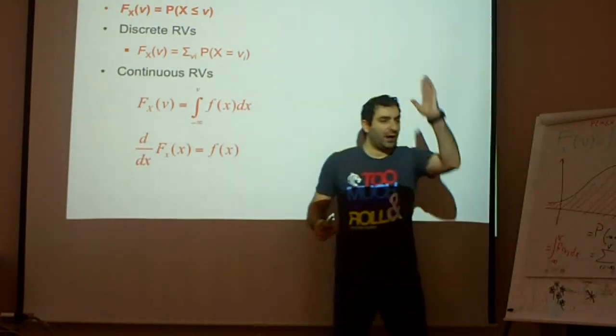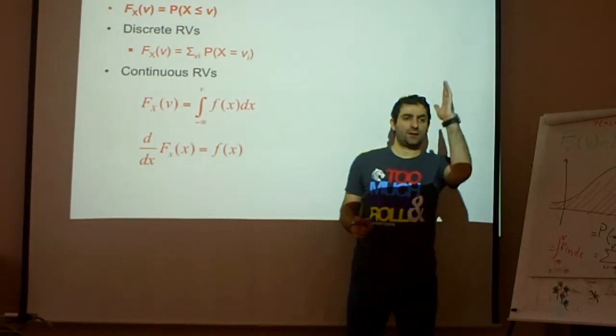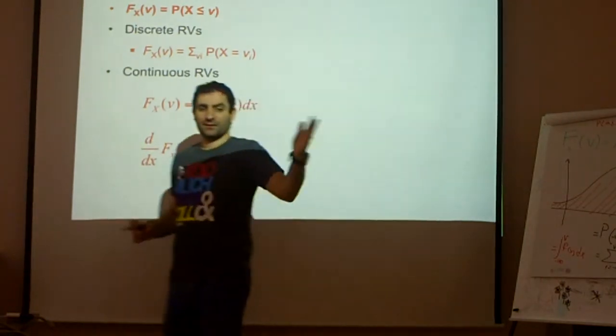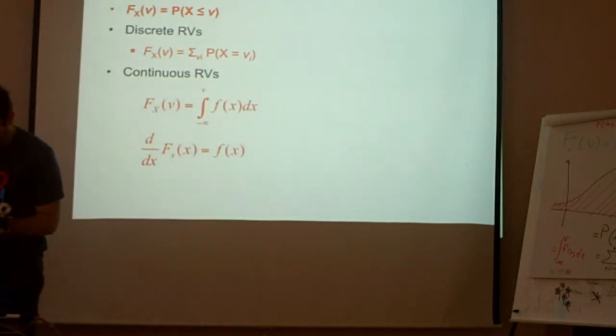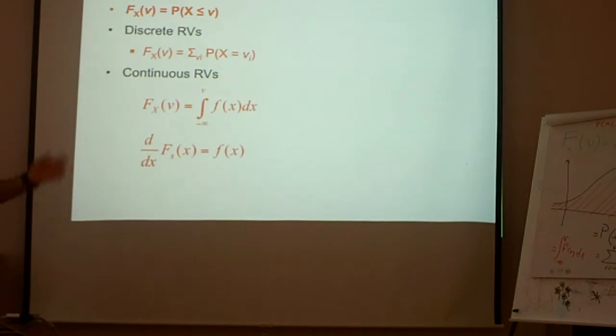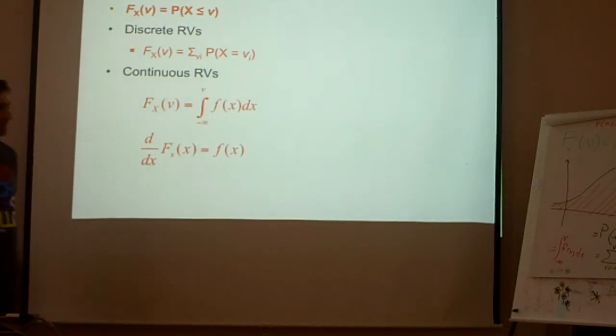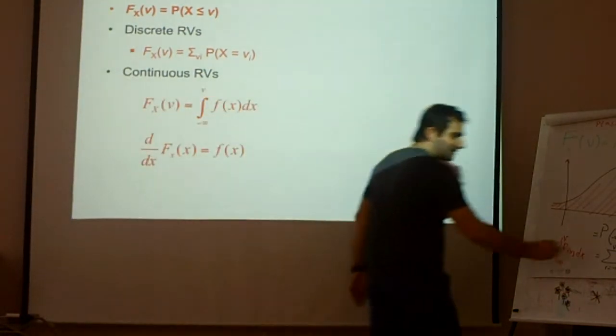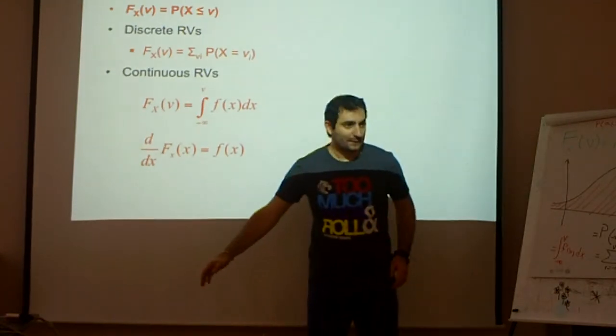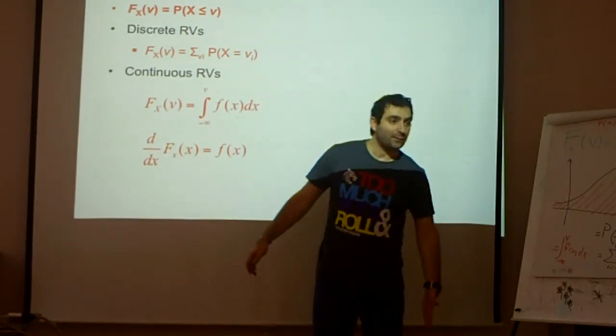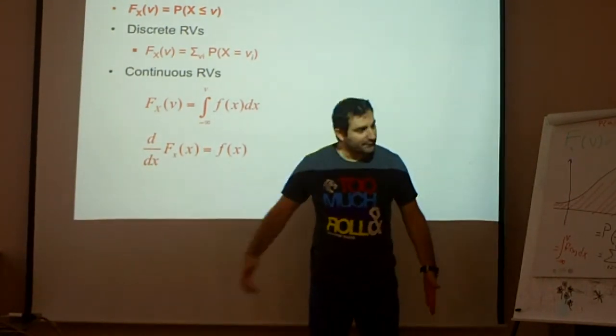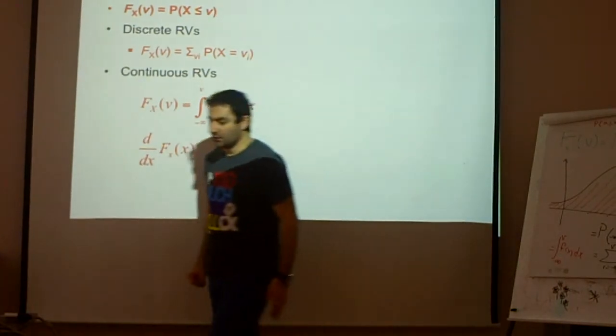Or if we start from 0, it will start from 0. If any probability before 0 is 0, we don't use it. But in general, this is the formulation. Either we add from the very beginning till where we want, or we integrate it if it is a continuous random variable.